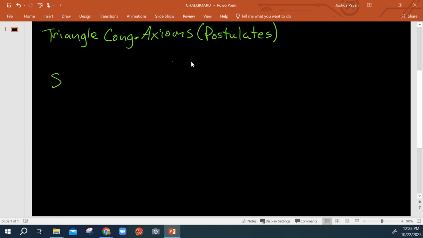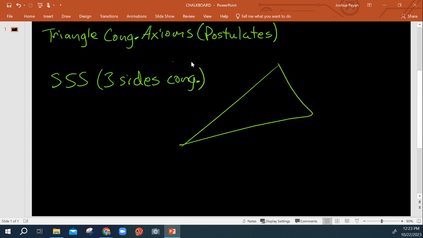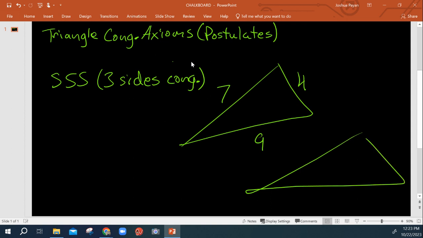Okay, and then this is the easiest one to understand. Side, side, side. Sorry, this one's just kind of dumb, but three sides congruent. Well, duh, if I've got a triangle, and let's say that this is, I don't know, 7, 9, and 4, and then I have another triangle whose side lengths are also 7, 9, and 4, well, of course they're congruent, right?